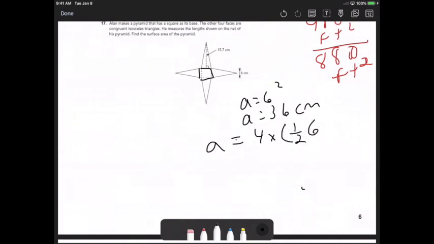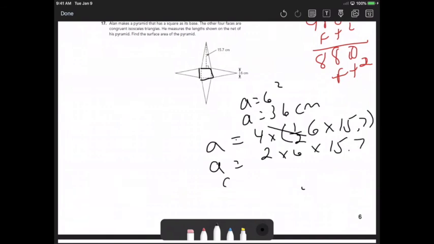Base is 6 times 15.7, which is the height. So let's do this. So area will equal 2, because I simplified, times 6 times 15.7. So area will equal 12 times 15.7. That's a times, sorry.